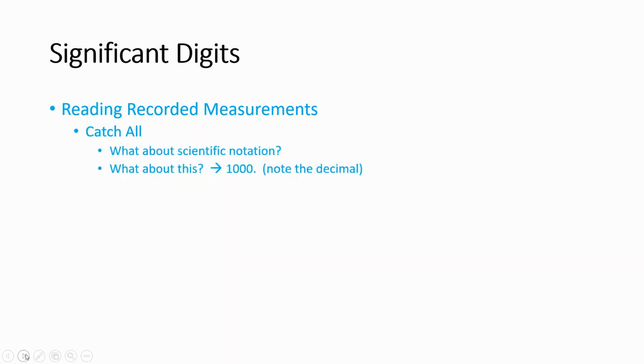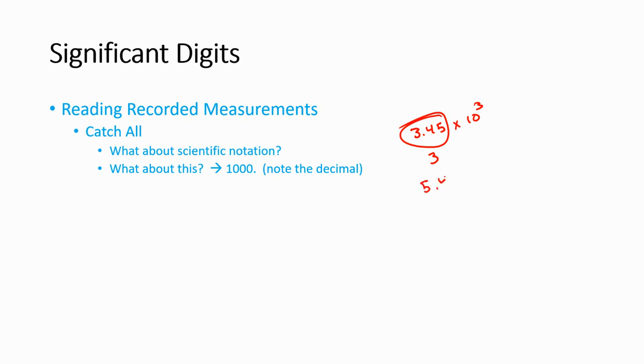Let's do some practice. Well, before practice, one last catch-all. Let's talk about scientific notation. Let's say I've got 3.45 times 10 to the third. To check significant digits, the only thing I have to do is look at the mantissa. All 3 of those digits are significant because they're all non-zeros.